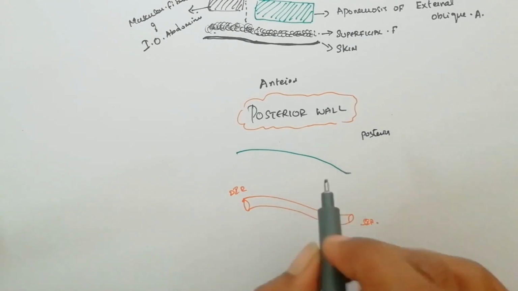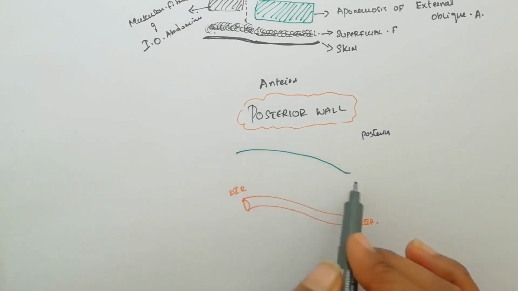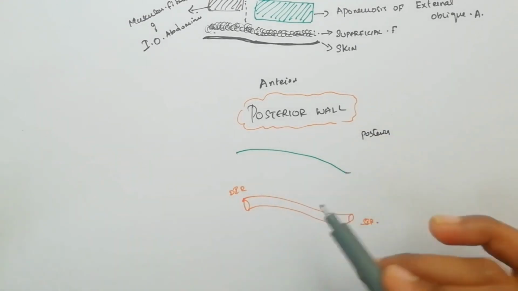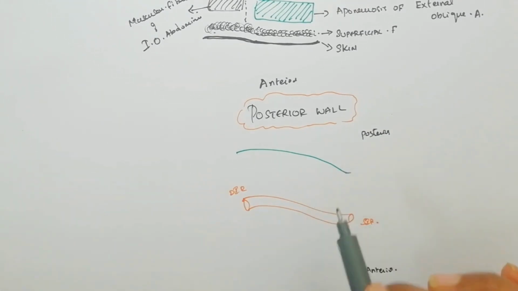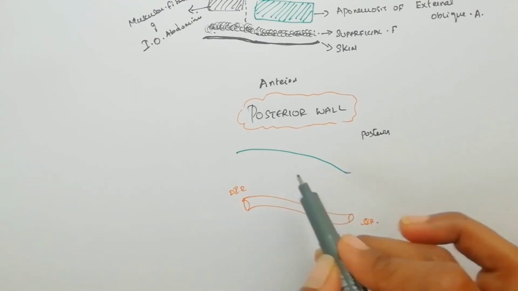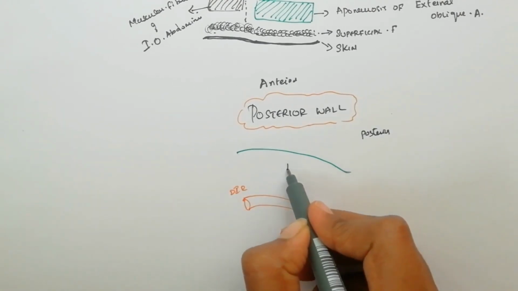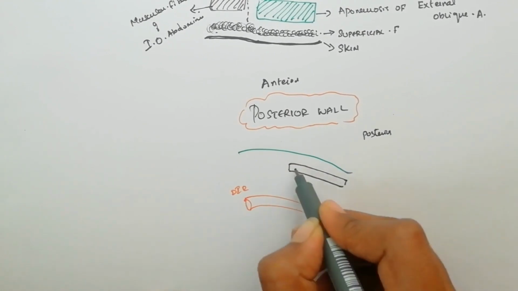In the posterior aspect, the whole of the inguinal canal is covered by fascia transversalis. In the medial half, we have a part called the conjoint tendon, related just in front of the fascia transversalis.